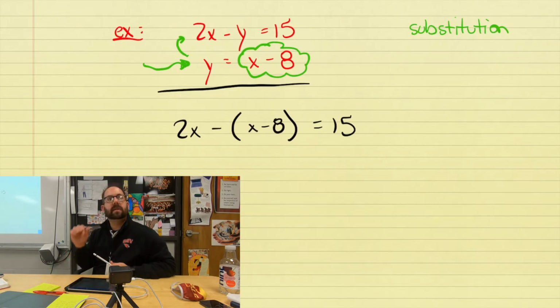Does that make sense? I took out the letter and plugged that thing in a parenthesis where it was supposed to be. If there was a number in front of the y, that number would stay there. If it was a 4 in front of the y, then I'd leave a 4 out front of the parenthesis. In my case, I have a negative sign, so I had to leave that there.